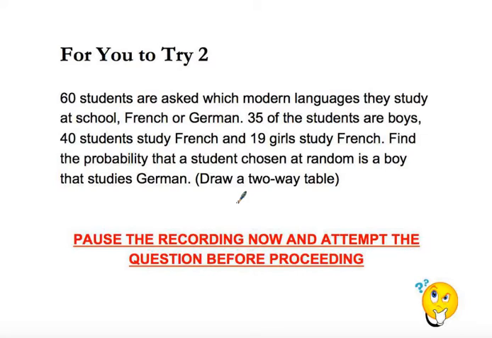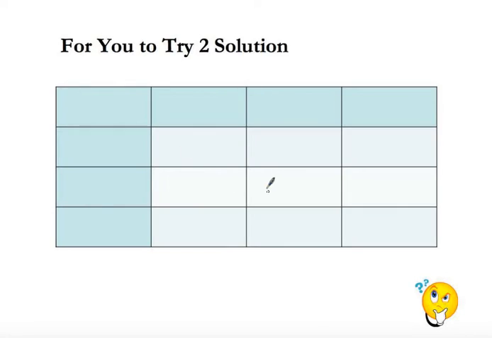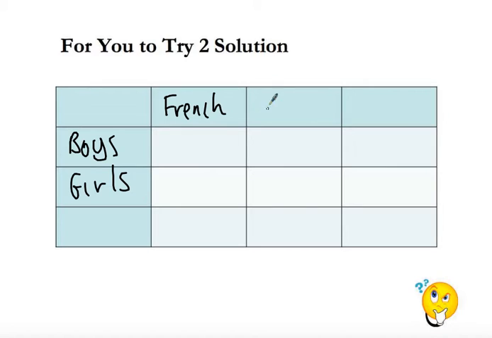Okay, so let's have a look at the answer then. So again, two-way table. Doesn't matter which way round we do this. So let's just write boys and girls. So that was one way that the information was separated. And then we also had that they studied French and German.